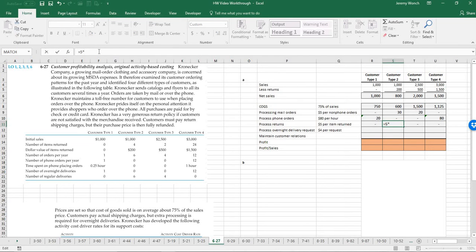Customer 2 has 4. Customer 3, wait, they should have some. Let's see, they have 2. And customer 4 has 24 return orders.